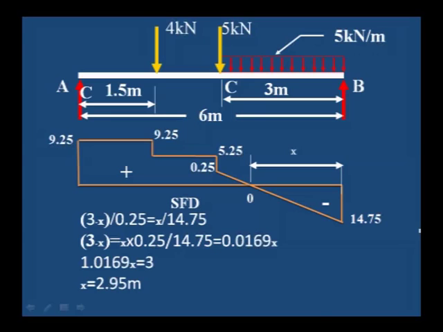Therefore, if we carry out the cross multiplication, x is equal to 2.95. This shear force changes its sign at a distance of 2.95 from the B point.